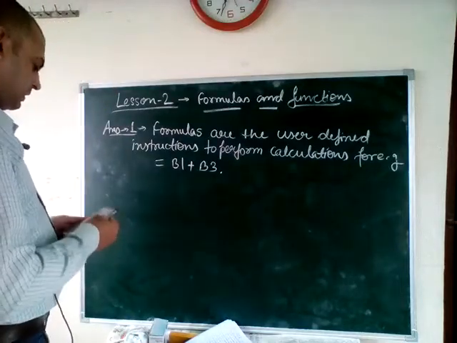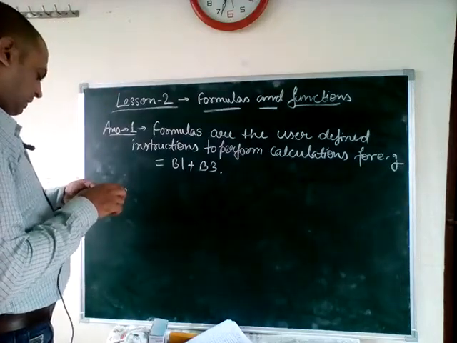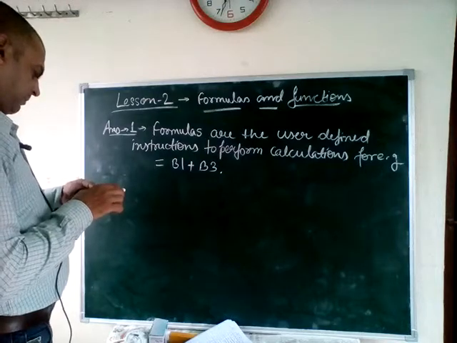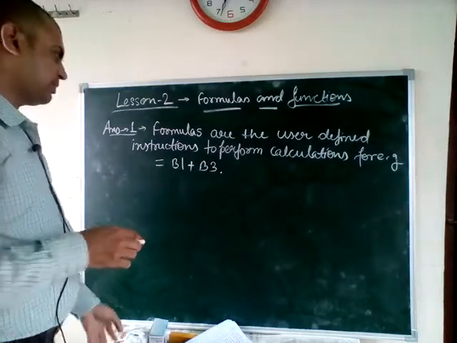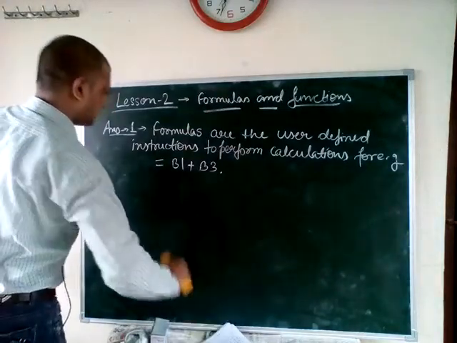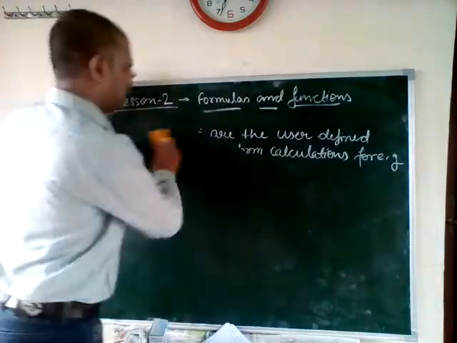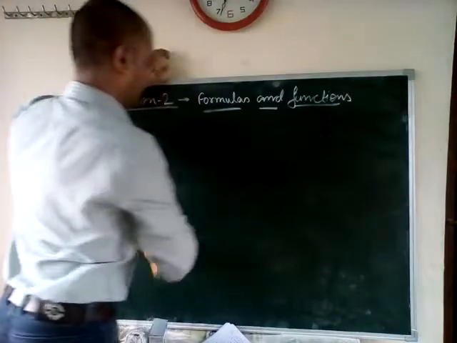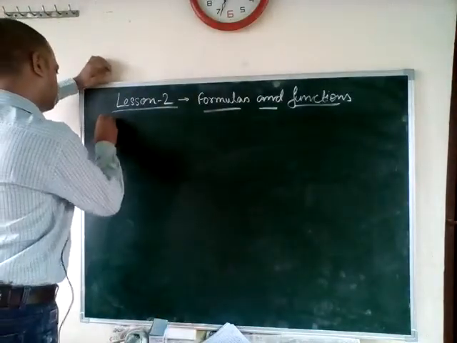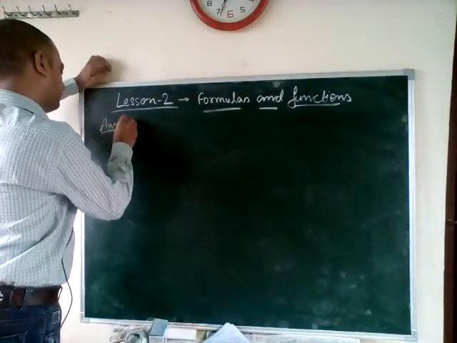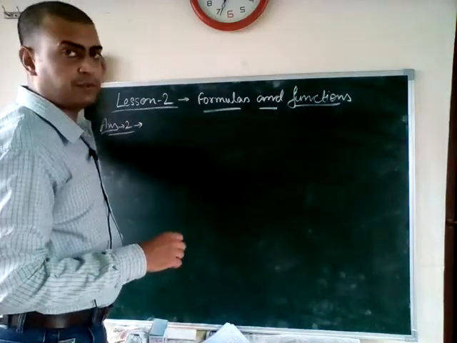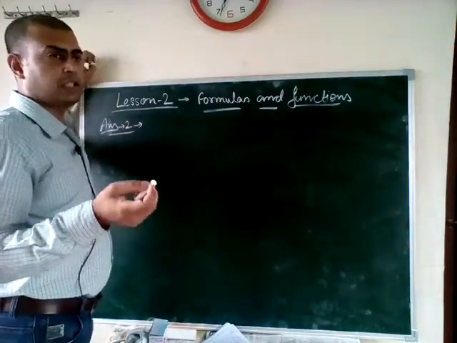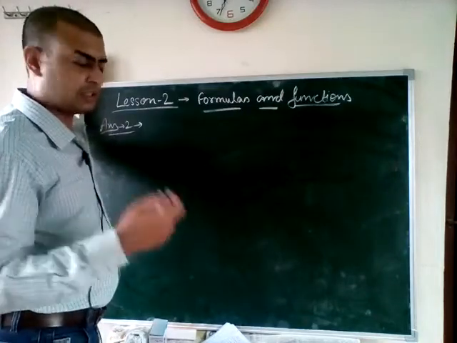Now the second question is, what is cell reference? Mention its type. So we have discussed 3 different types of cell reference. First is relative, absolute and mixed. So this is the answer.